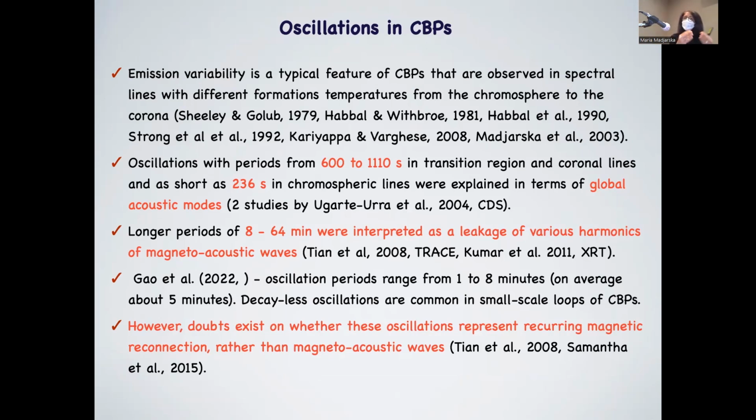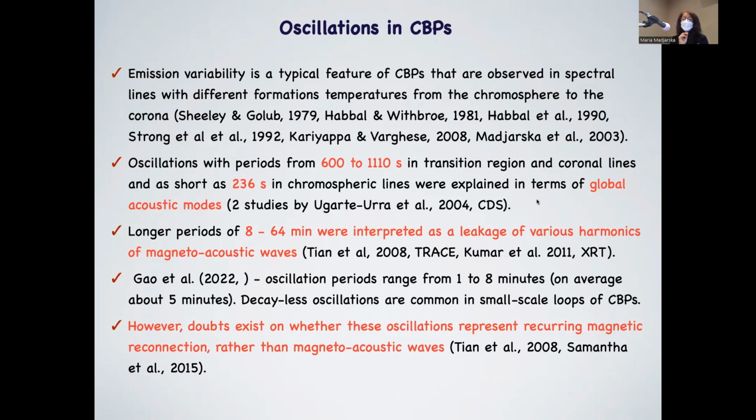Spectral lines form at a few million degrees, and oscillations with periods between 600 and 1,000 seconds were explained in terms of global acoustic modes. Longer periods were also observed, between 8 and 64 minutes. The most recent one is by Gao et al. 2020. And this, oh, I forgot to put here, uses AIA images I showed first in my talk.